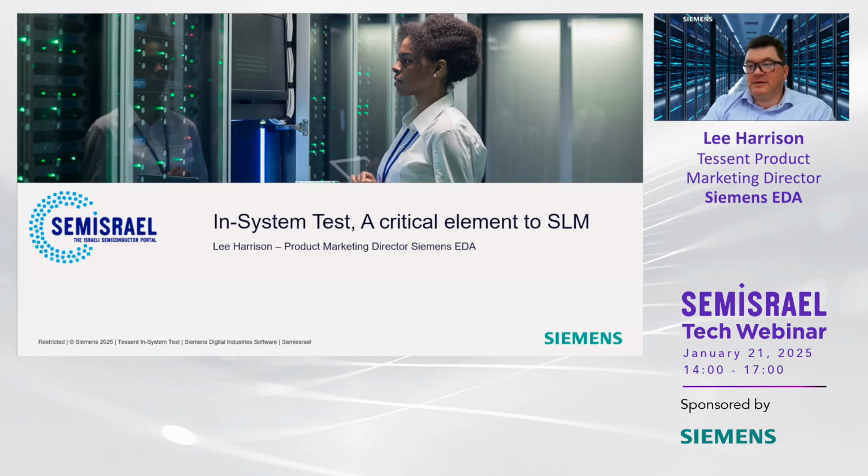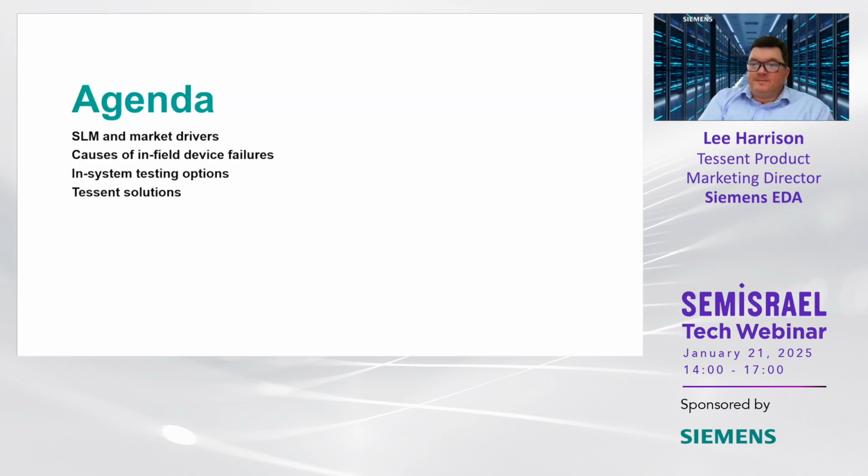And in this session, we're going to talk about in-system test and how it's becoming a critical element to silicon lifecycle management. So in this session, what I'm going to do is walk through just an overview of SLM, what SLM is, what the market drivers are, what we're seeing out there with our various customers.